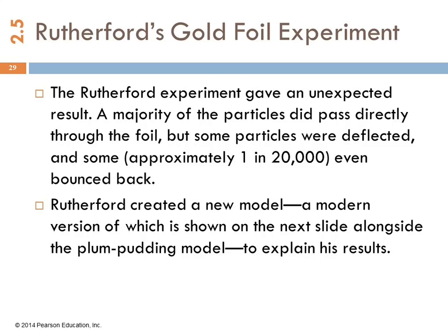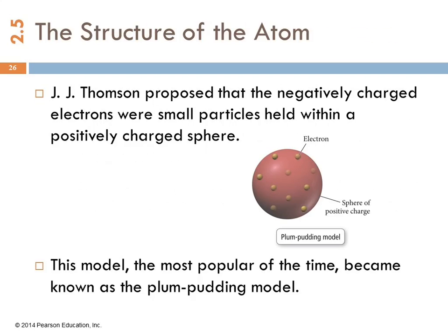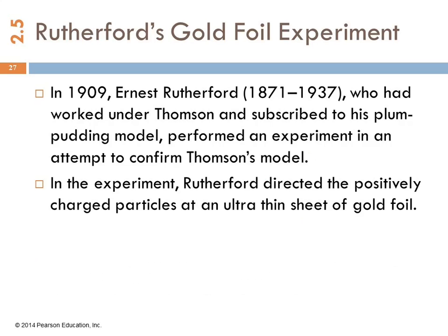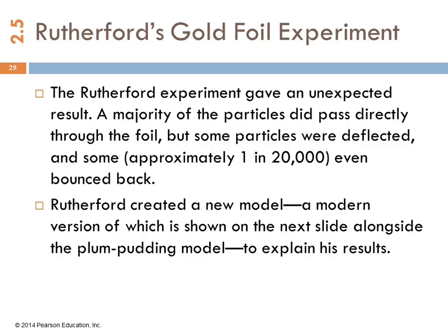Because in this plum pudding model, these electron particles are very, very small. And so they were expecting most of the positive particles to just go straight through. They were not expecting them to bounce back. But they bounced back.